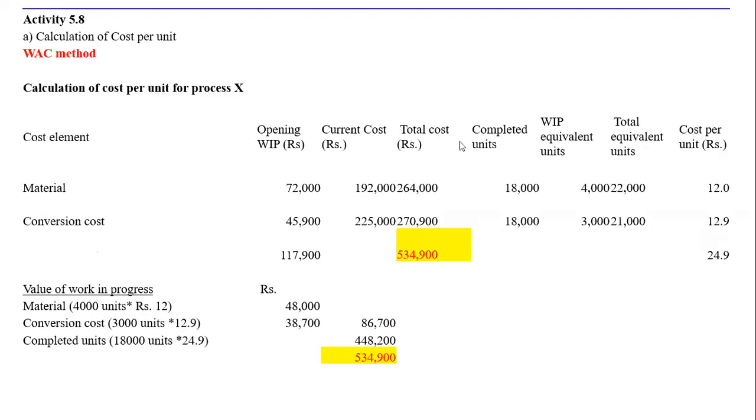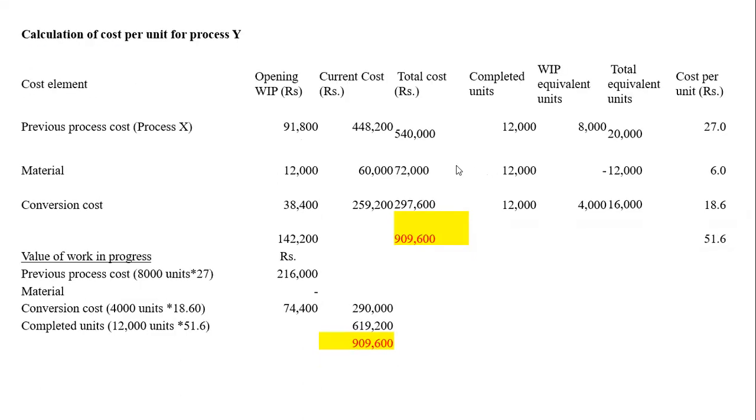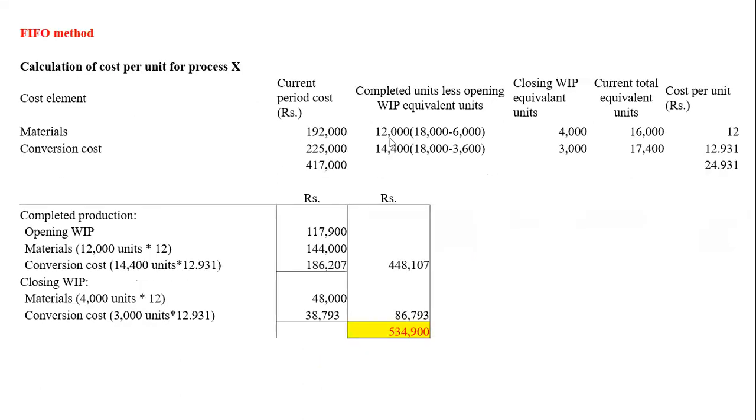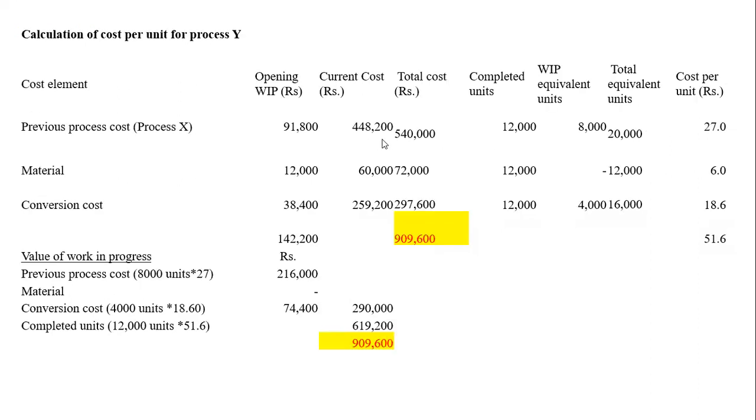So here in process X, the total number of completed units is 18,000. But under the FIFO method, we split this 18,000 into 12,000 and 6,000. See, so this is how it has been.